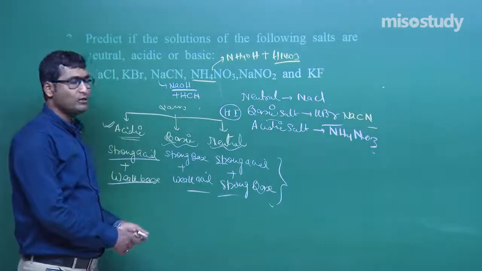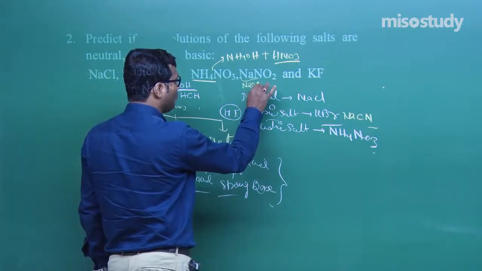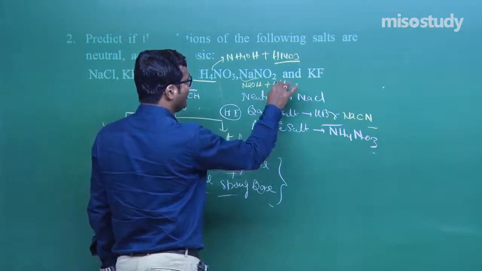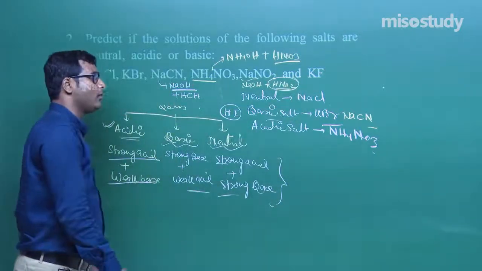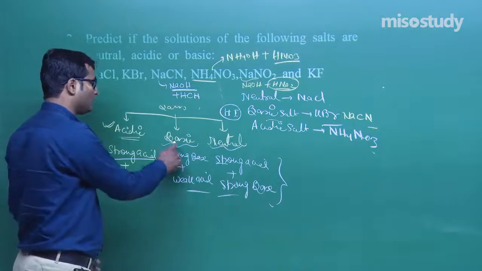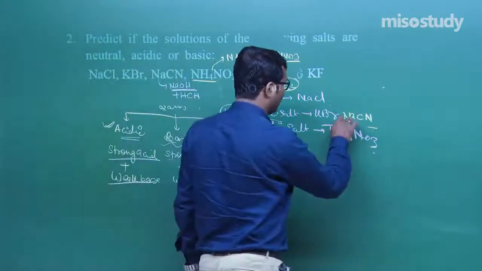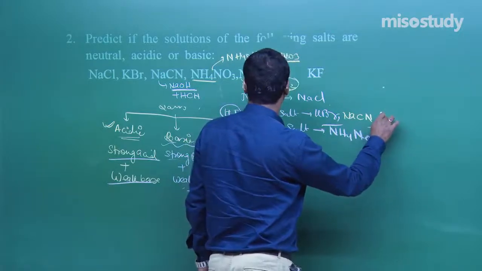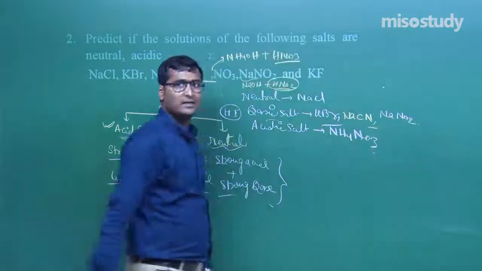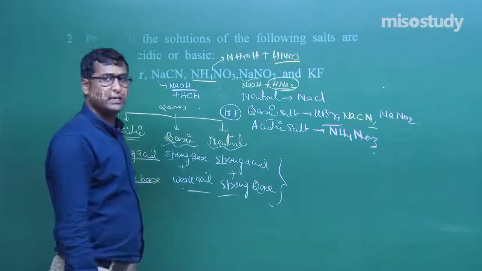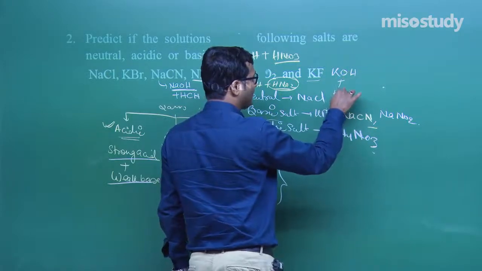Now what about NaNO2? NaNO2 comes from NaOH plus HNO2. Nitrous acid is not so strong, but NaOH is strong. So NaNO2 is a salt of a strong base and weak acid, a basic salt. Am I right? And what about KF? KF comes from KOH and HF, my friend.